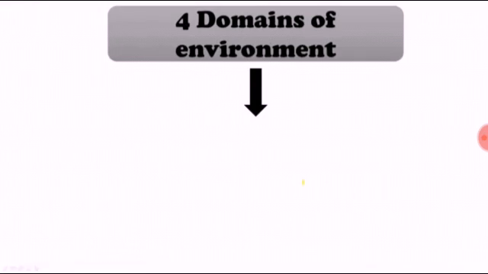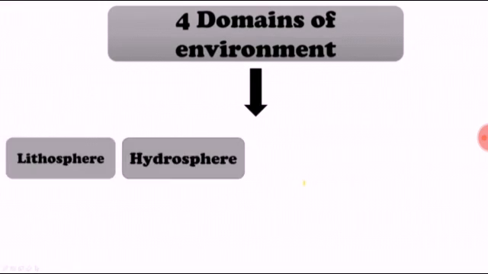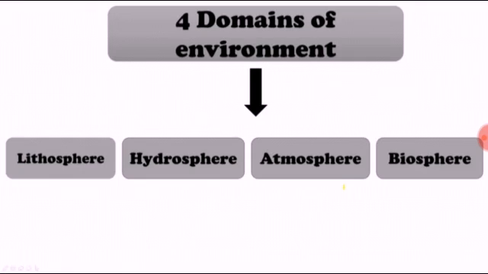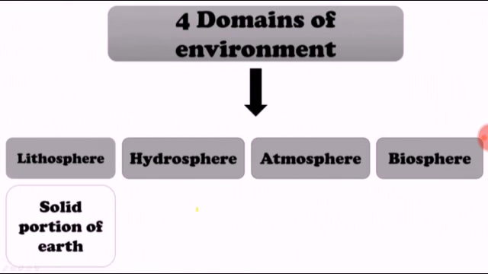Now, there are 4 domains of environment. Which are those? These 4 domains are lithosphere, hydrosphere, atmosphere and biosphere. We have already studied about these 4 domains of the environment in class 6th.